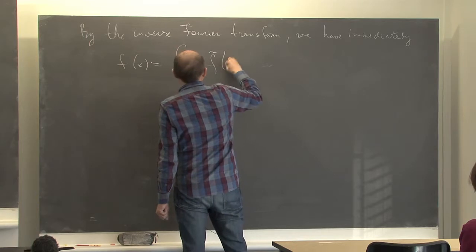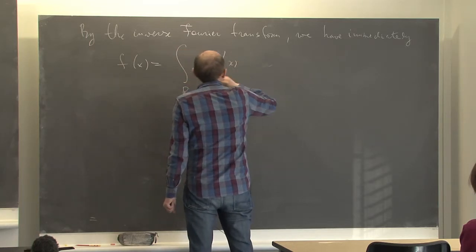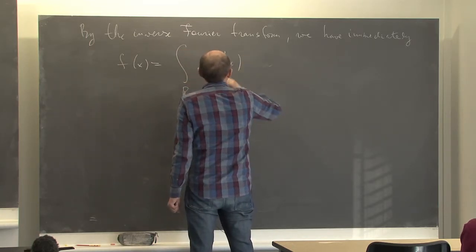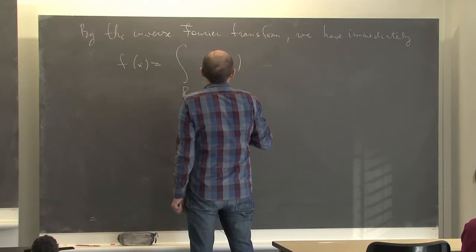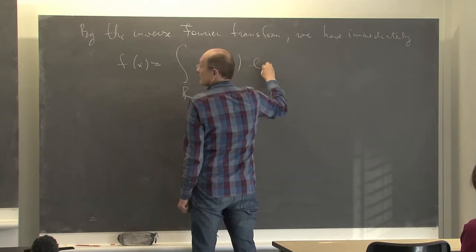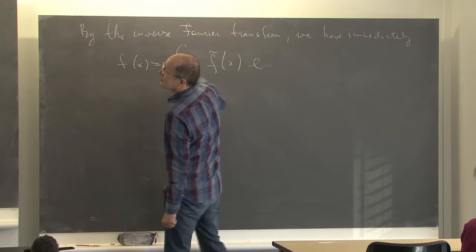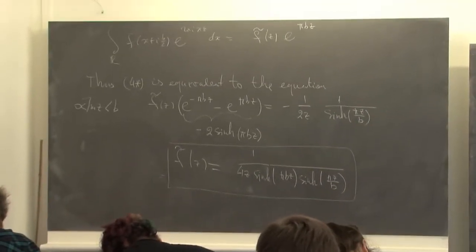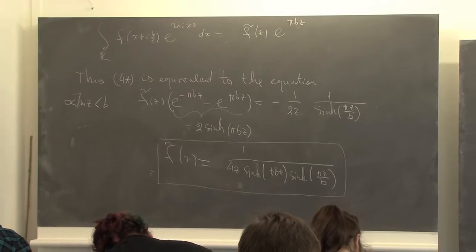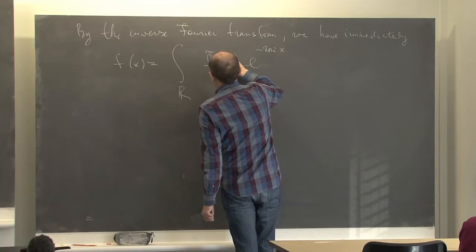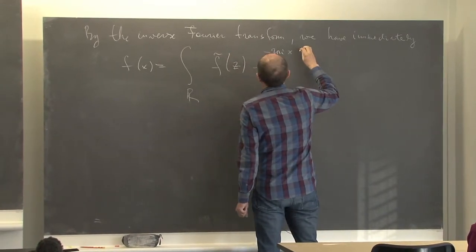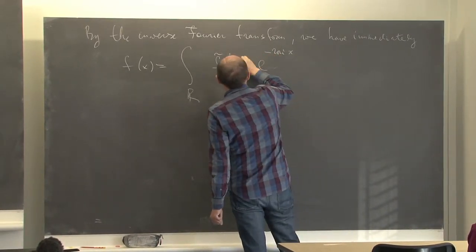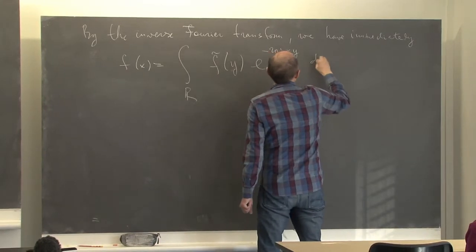F tilde of z, with the sign minus, right? 2 pi i x z. Let me put y, x y, dy.